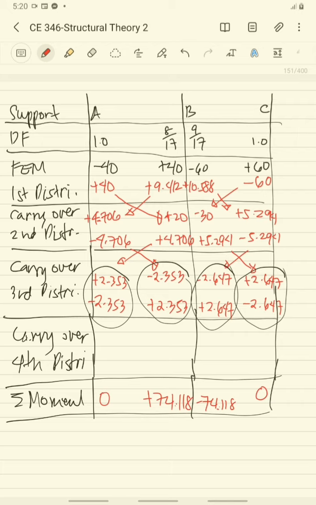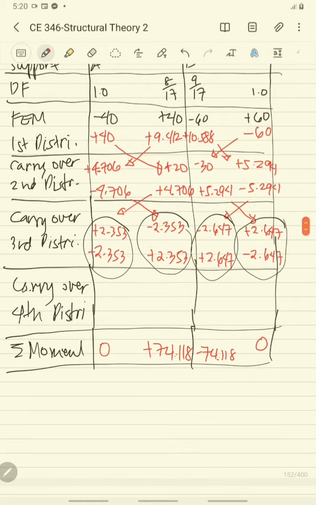Now, you need to decide what will be the moment of B, because you have the moment of B for the left side, for segment AB, and you also have the moment for the right side of B, for the segment BC.